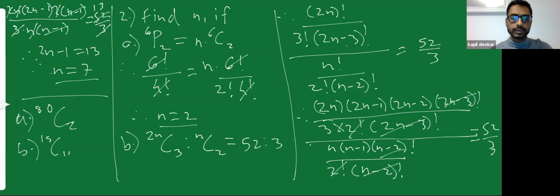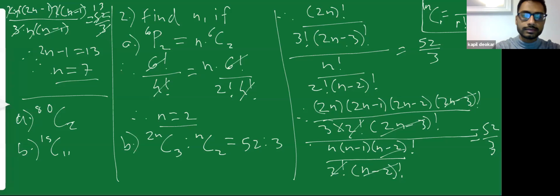Okay, Om has given both the answers. Om, I'll write down the formula for NCR. The formula for NCR is n factorial upon r factorial into n minus r factorial.